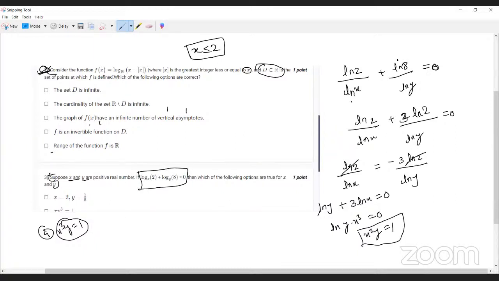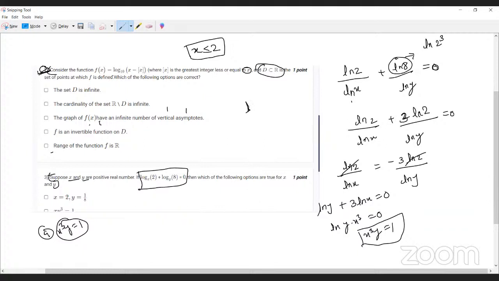Now we write ln of 8 as ln of 2 cube. By the power property, I can bring 3 down, 3 times ln of 2. Now I take this whole thing to the right hand side and it becomes minus, and simplify by dividing by ln of x and ln of y.